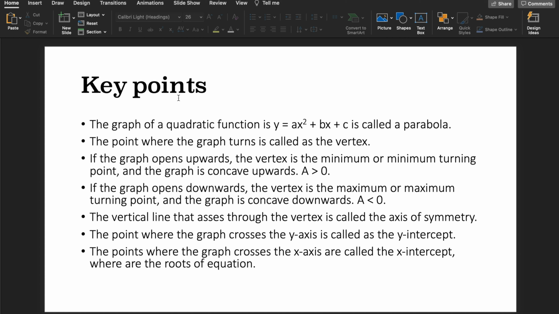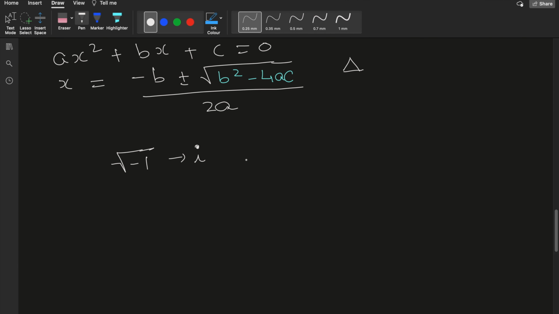Let's look at some key points that will be required for the next few topics under quadratics. First of all, the graph of a quadratic equation is called a parabola. There are only two possibilities: either it's upward facing or it's downward facing.